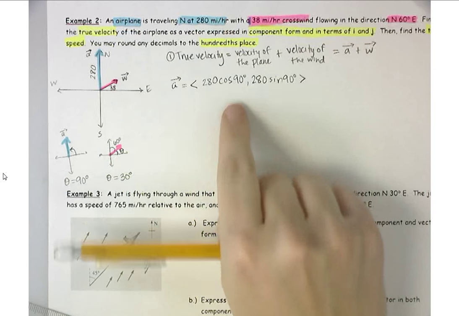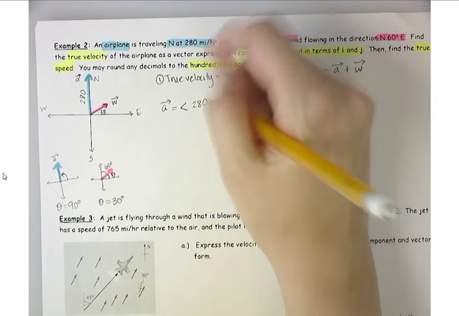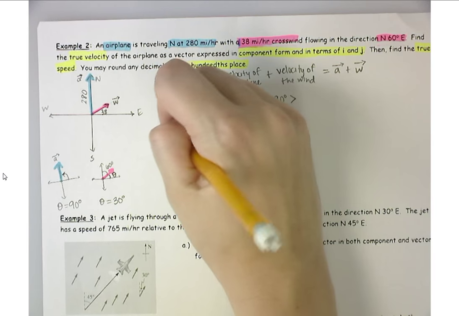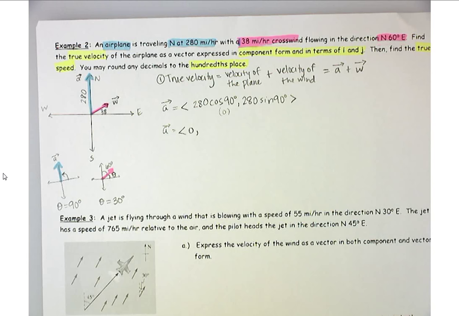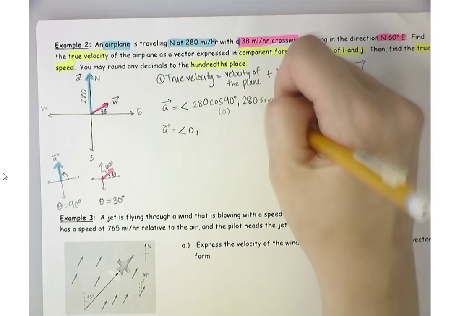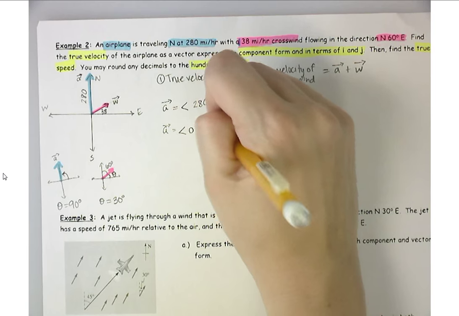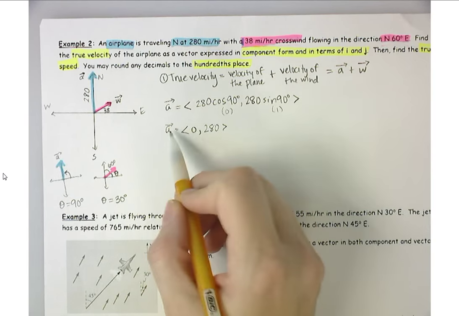What is the cosine at 90? 0. Okay, so 0 times 280 is just going to be 0. The sine at 90 is what? 1. So then I will just have 280. Okay, so this is the velocity of the plane.